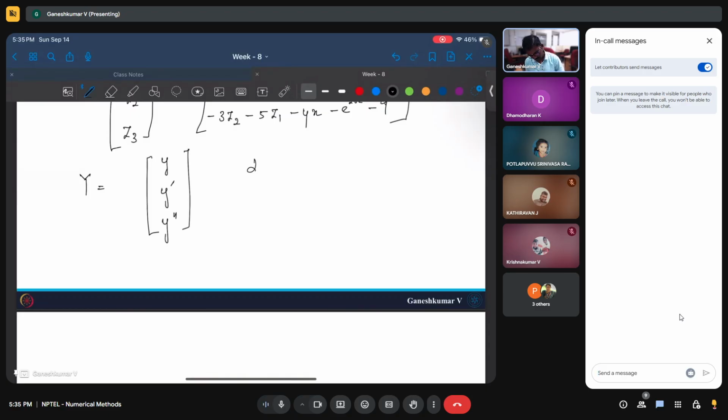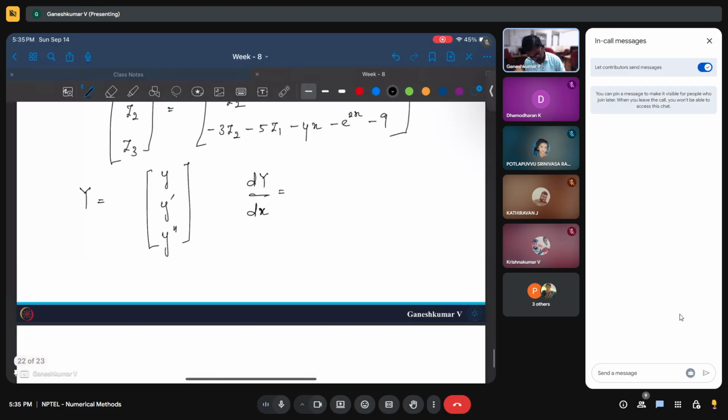It's a vector equation. dY by dx is nothing but y dash, y double dash, y triple dash, which is nothing but z1, z2 and z3.